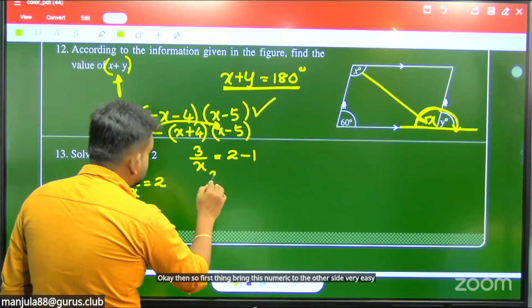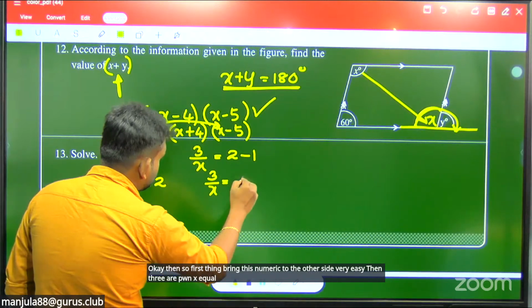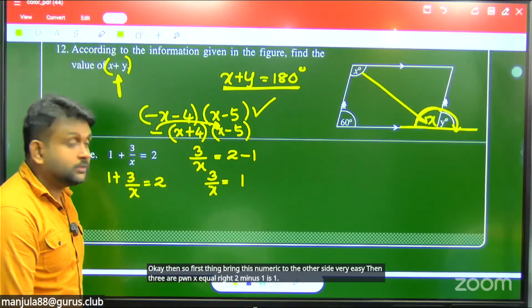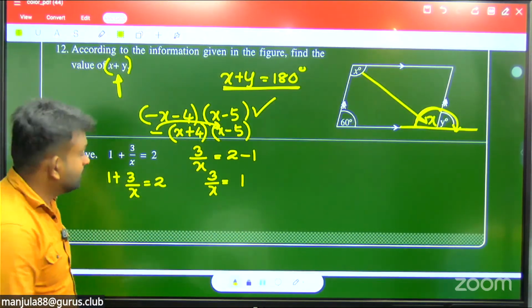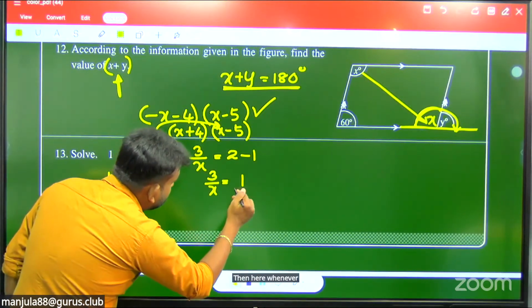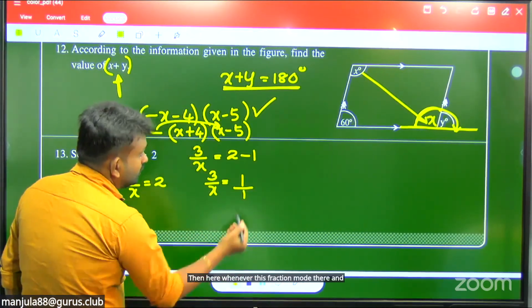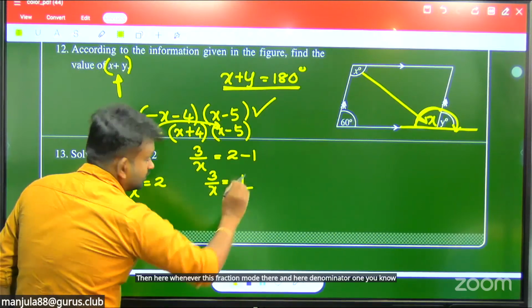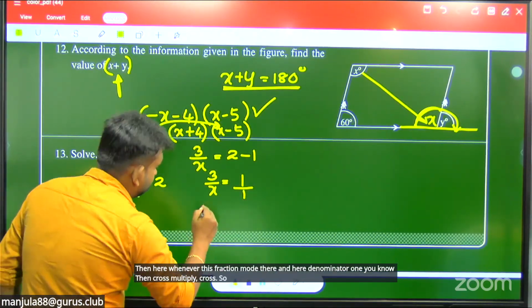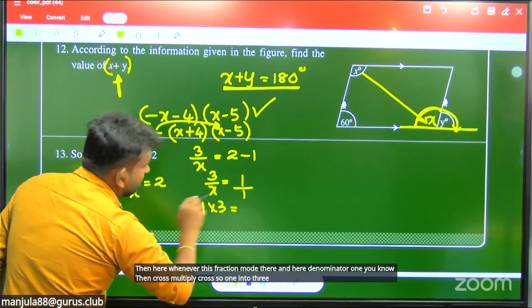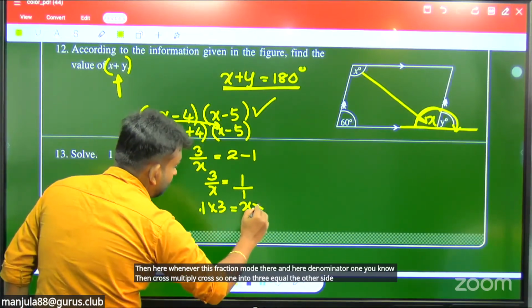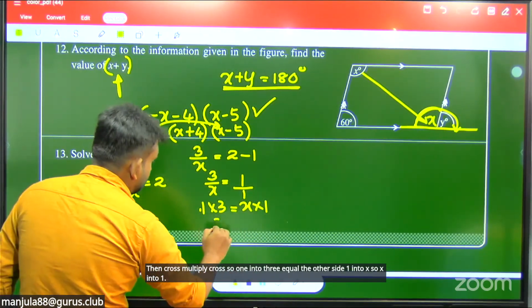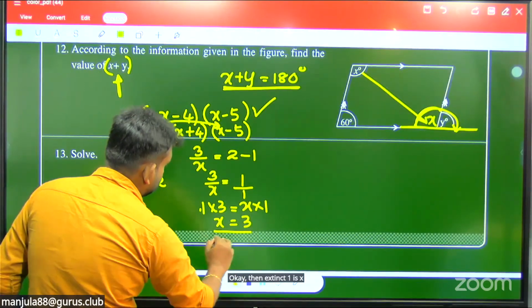Then 3 upon x equals 2 minus 1, which is 1. Whenever there is a fraction on one side and the denominator is 1, then cross multiply. So 1 into 3 equals 1 into x. So x equals 3.